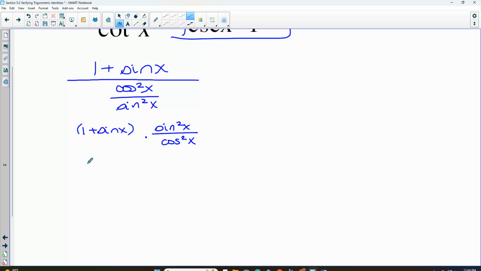How can I get rid of cosine squared? Cosine squared would be 1 minus sine squared x. Yeah, how do we factor the bottom?